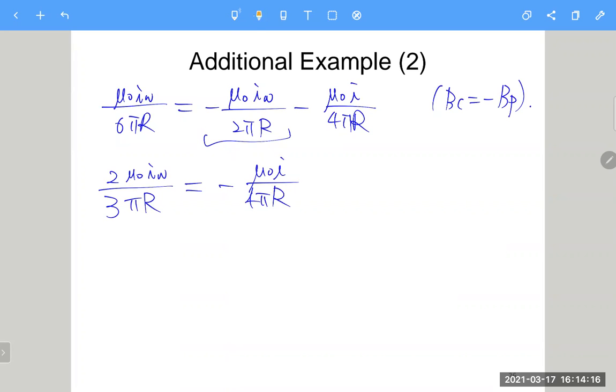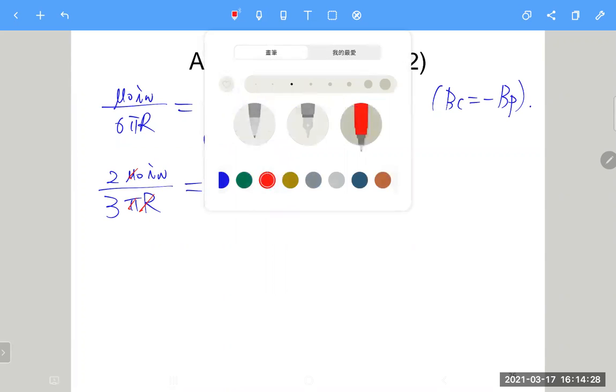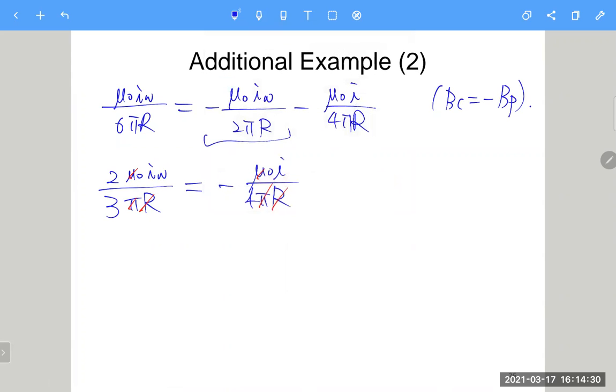In this case, pi and pi, mu0 and mu0, and r and r can all be cancelled. So finally, IW is minus 3 over 8 I.